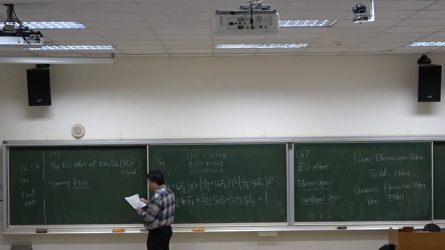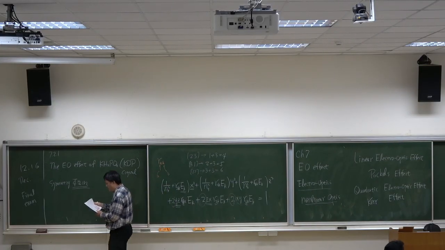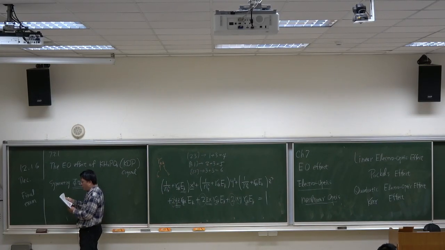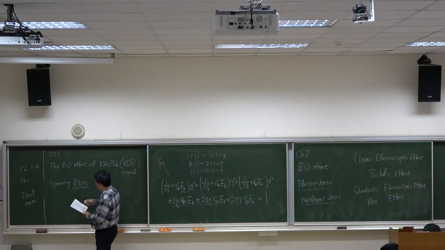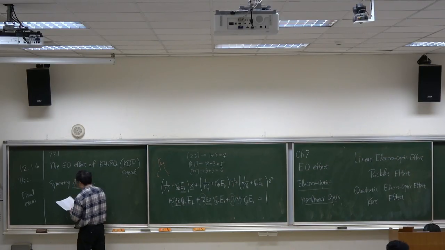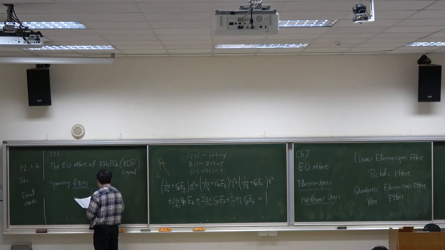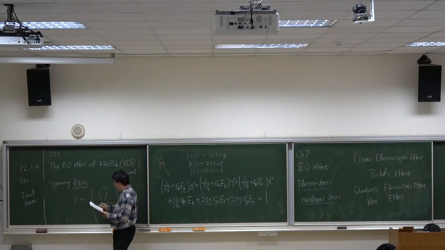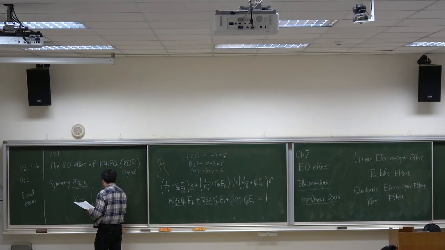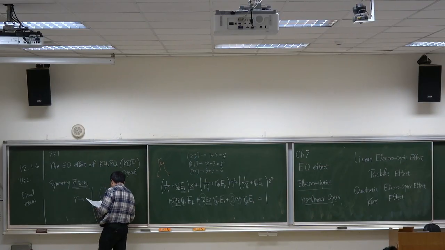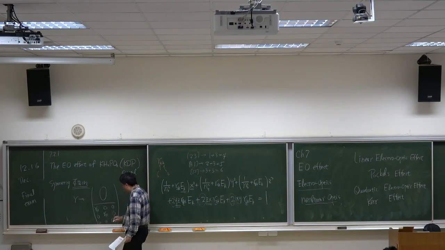So you can see that the result is a tetragonal crystal. The R coefficient now becomes this one. Here we have 0, R4,1, 0, 0, R4,1, 0, 0, 0, R6,3. Okay.